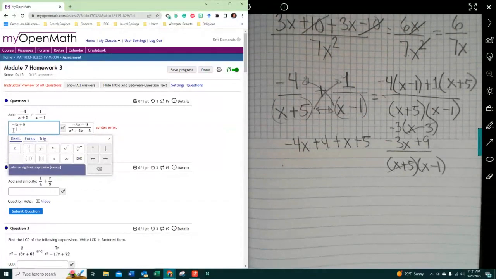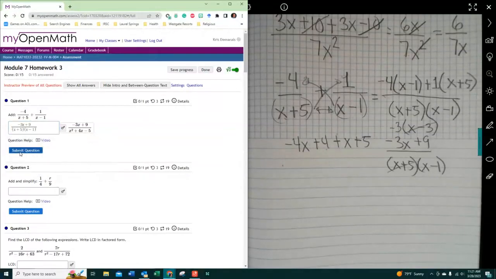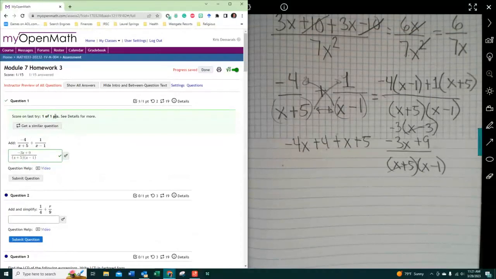And if it doesn't accept it, then that tells me they don't accept it, but I'm pretty positive they do, unless I type it in wrong. All right, so I'm going to submit the answer, and you see that they accept that as an answer, 1 of 1 point accepted. So I put it in factored form.